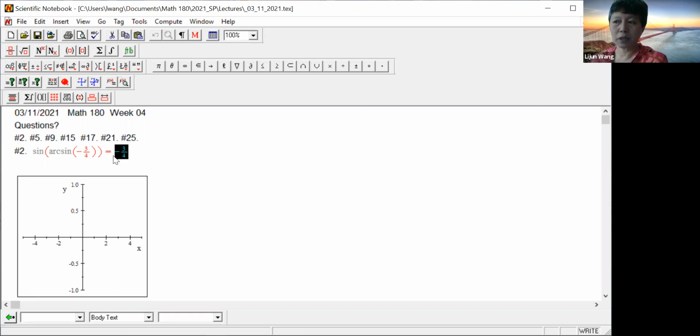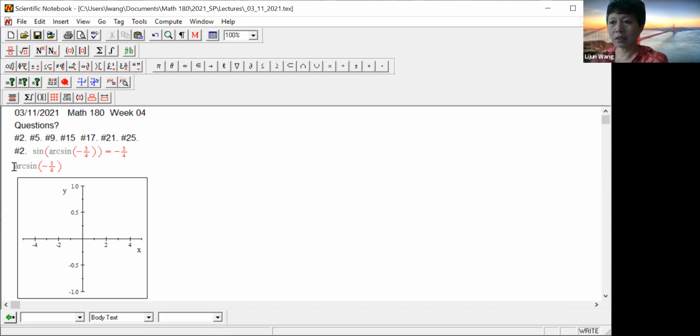Okay, it's not a special angle, right? But you do need to understand: arc sine takes a ratio. The input is a ratio. This is the thing I emphasize over and over again, right? How many times did I emphasize this? A lot.